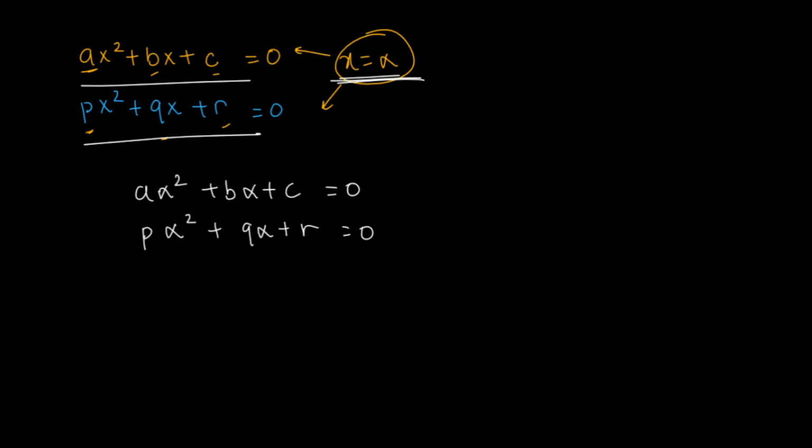Now, a way to proceed from here might be something that you have already done while solving linear equations in two variables. Namely, let's take alpha squared, not x squared, to be equal to some quantity, let's say t, and alpha without the square, let's take it to be s.